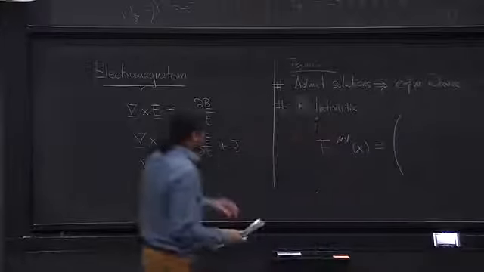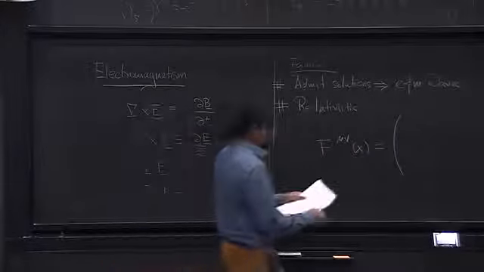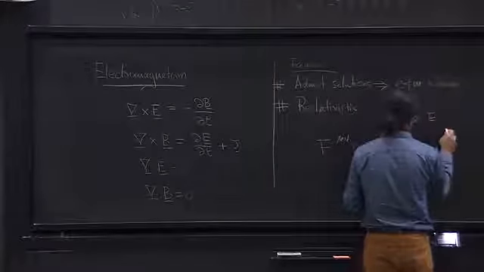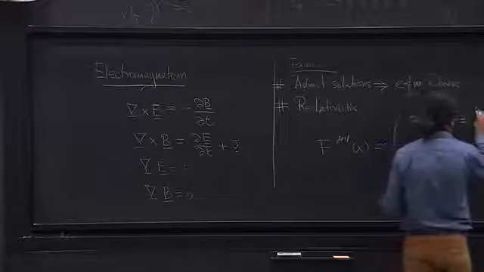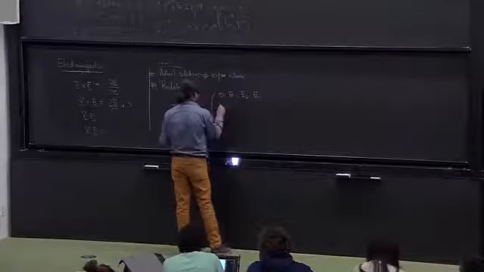So we can rearrange these E's and B's in an antisymmetric rank 2 tensor. Because it's antisymmetric, first of all, I can write it as a matrix, and the diagonal elements are 0.